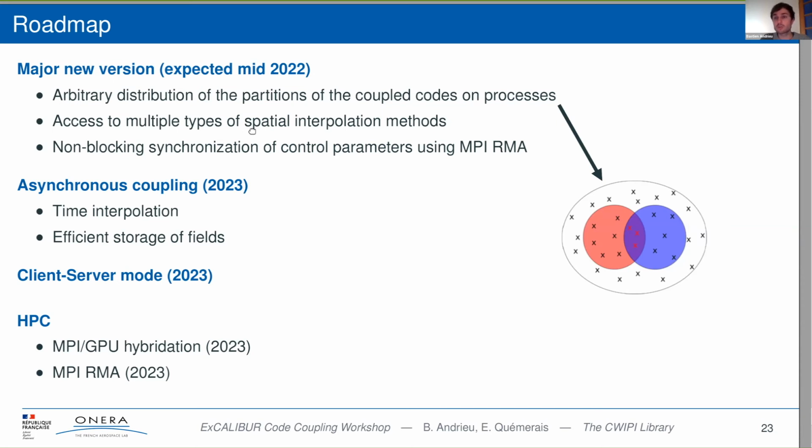Each time you want to synchronize a global control parameter, you have to use blocking communication, and this causes a risk of MPI deadlock, as well as potentially degrading the performance. So in the next version, all the control parameters will be synchronized in a non-blocking way.